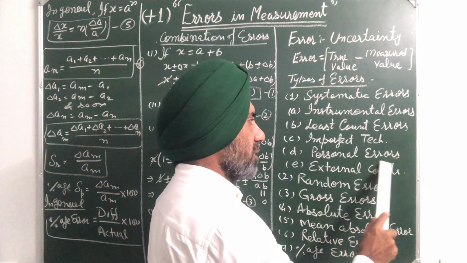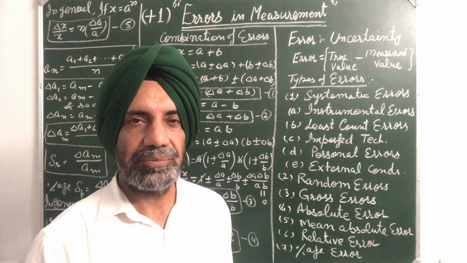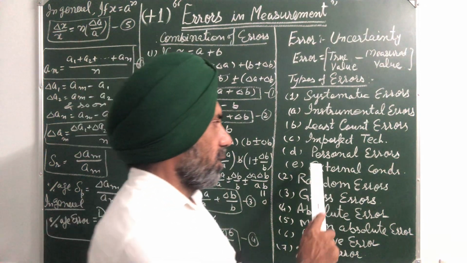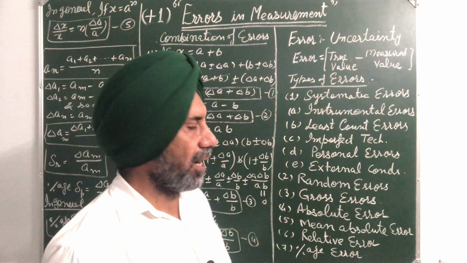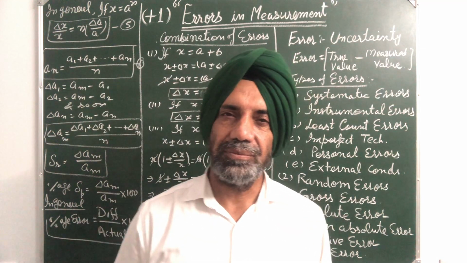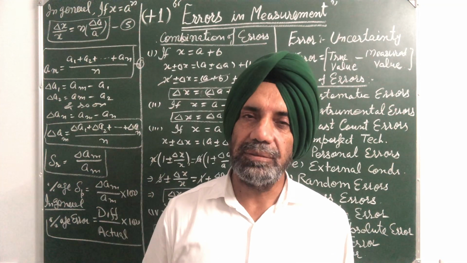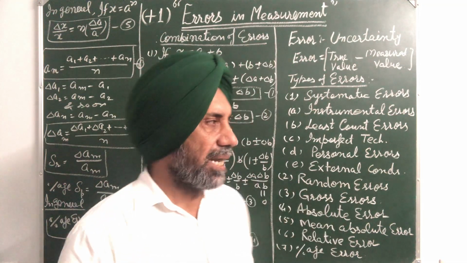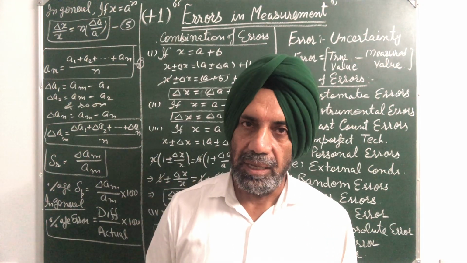Fourth is personal error, which varies from person to person due to some defects in the eye or due to carelessness or due to improper training to the observer. Such errors are known as personal errors.